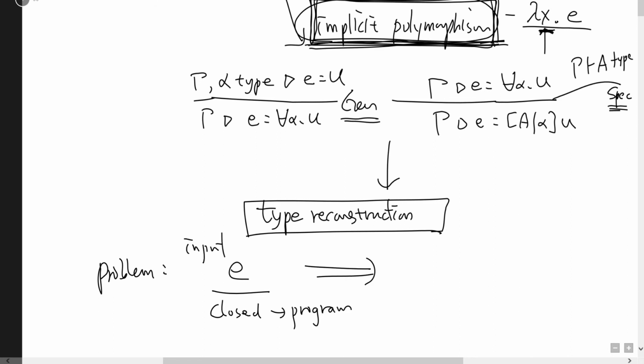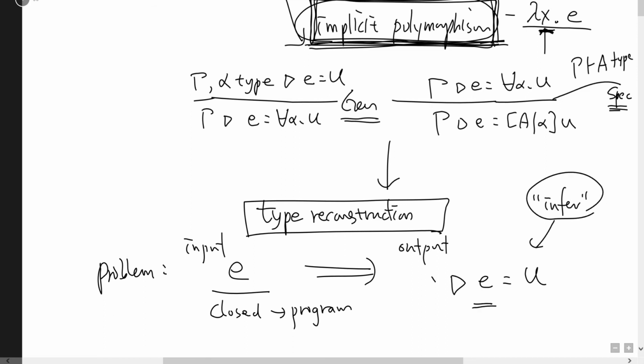And then the output is the best type that can be assigned to this expression E that satisfies this typing judgment. In other words, we'd like to reconstruct or infer, by analyzing the expression E, the best type that can be assigned to it. So this is the problem of type reconstruction for implicit polymorphism.